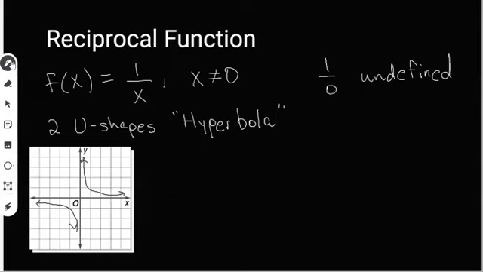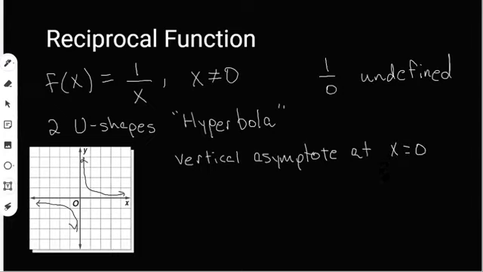So it's two U-shapes, right? And we can say confidently that this has a vertical asymptote at x equals 0, also known as the y-axis.